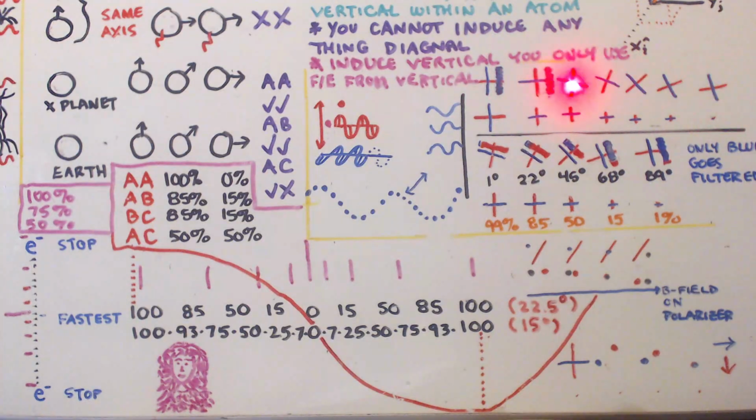These are in between 0 and 90 degrees. When you tilt down a little bit, let's say 1 degree off from vertical, you can't do it horizontal, so you do the vertical.